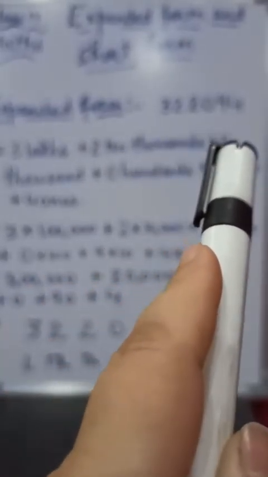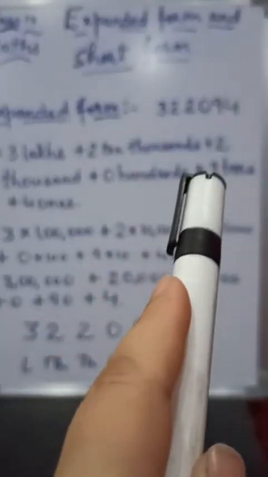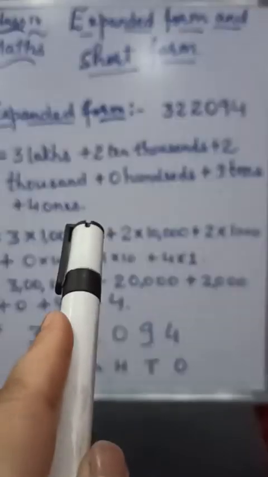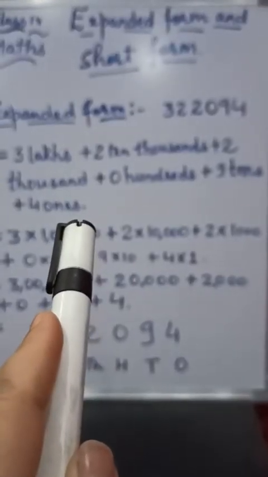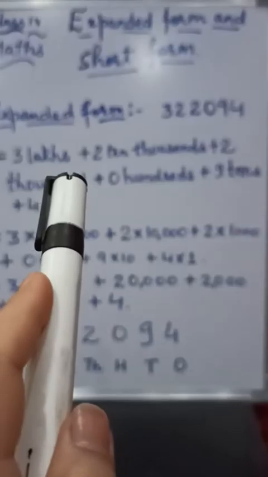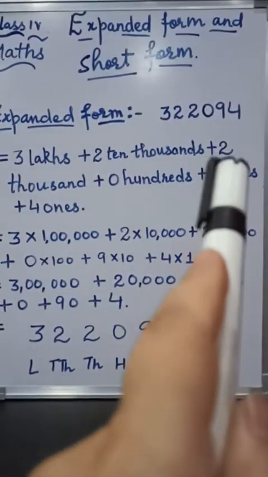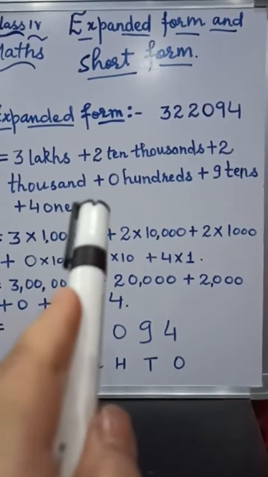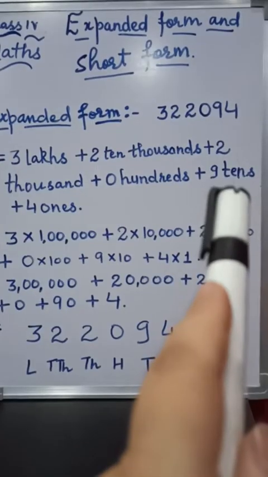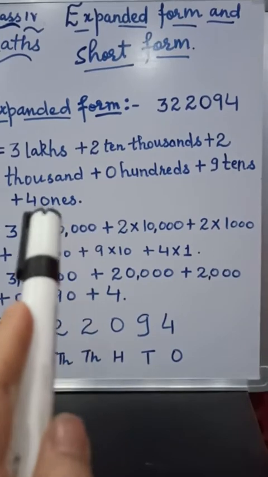10,000 plus 2,000 plus 0 hundreds plus 9 tens plus 4 ones. Yes, so the value of 3 is lakhs, value of 2 is 10,000, again the value of 2 is 2,000, value of 0 is hundreds, and value of 9 is tens, and value of 4 is ones.